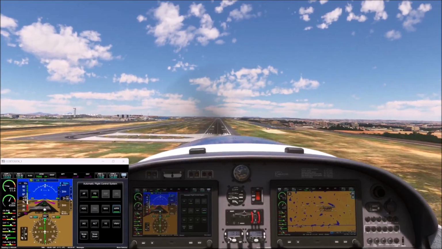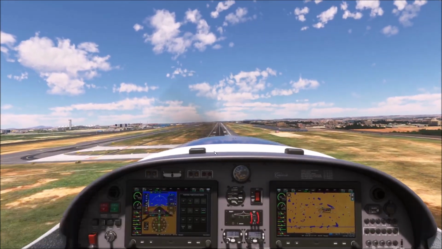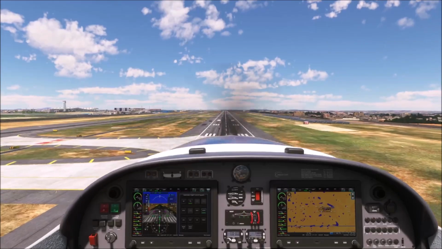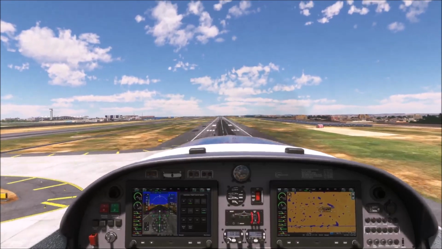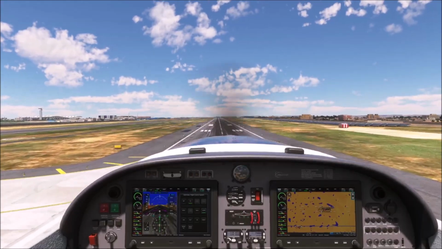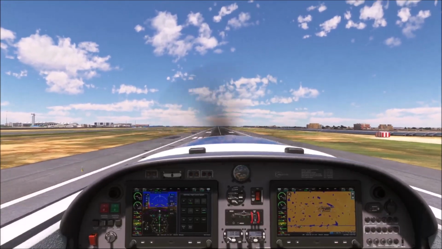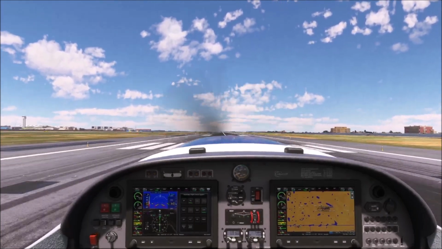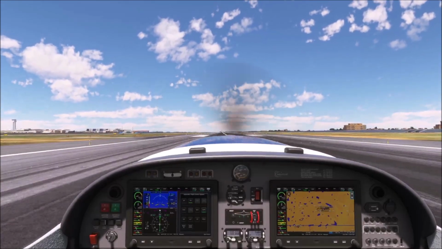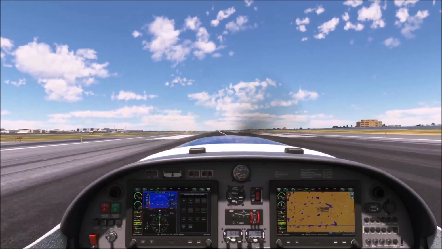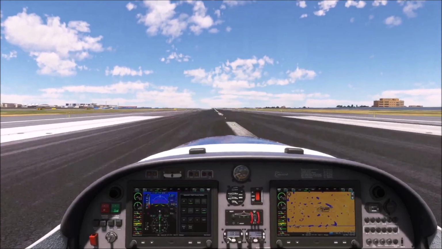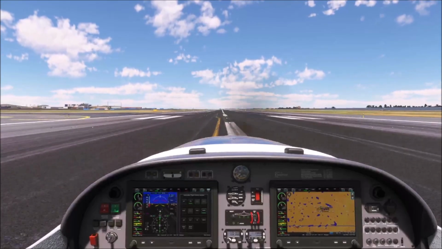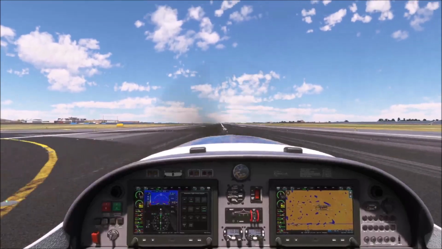So, okay, I disengage my autopilot, I don't need the PFT anymore. And we will have a touch and go. Exactly. Almost perfect. So, let us go to land.